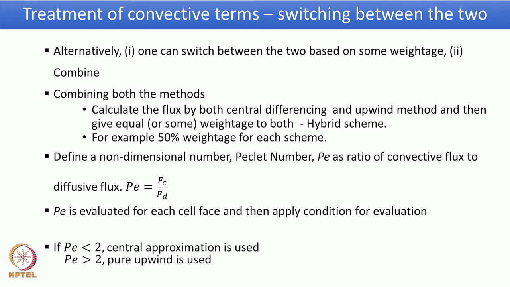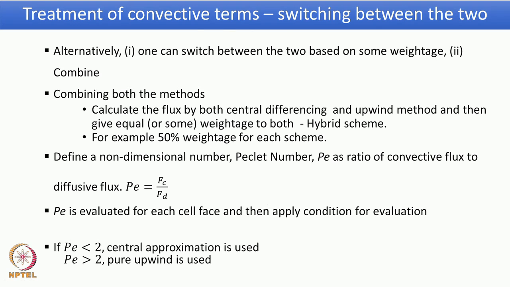So, for example, if Pe is less than or equal to 2, which means the Fc and Fd ratio is small, then the central approximation is used.